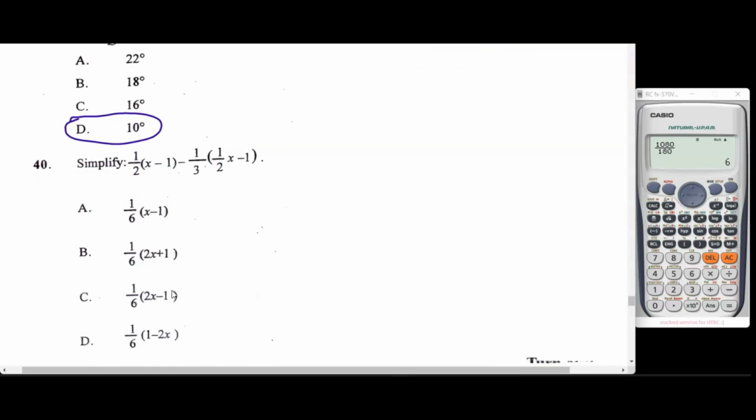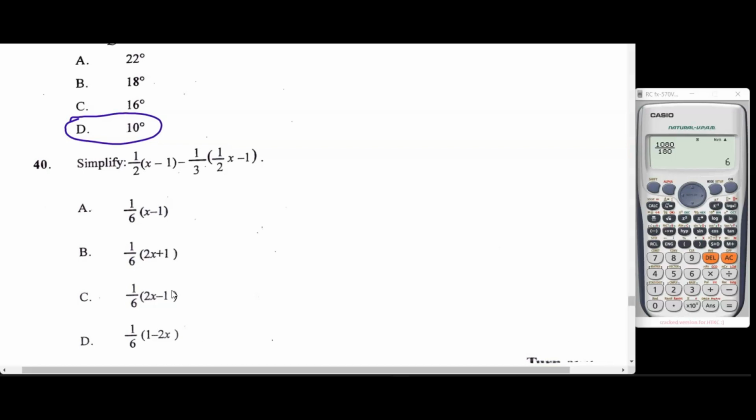a mathematical expression we need to simplify. So we have 1/2 into bracket x minus 1, all minus 1/3 into bracket 1/2 x minus 1. Looking at it carefully, you can expand the 1/3 into bracket.